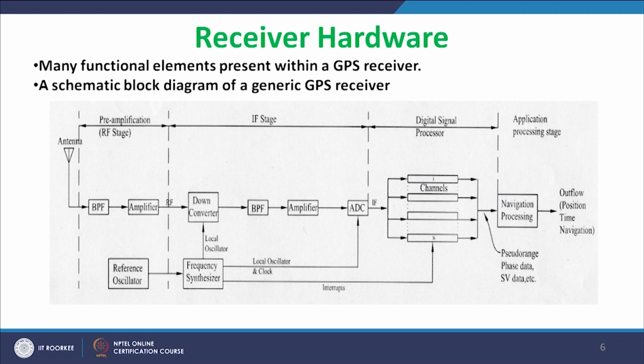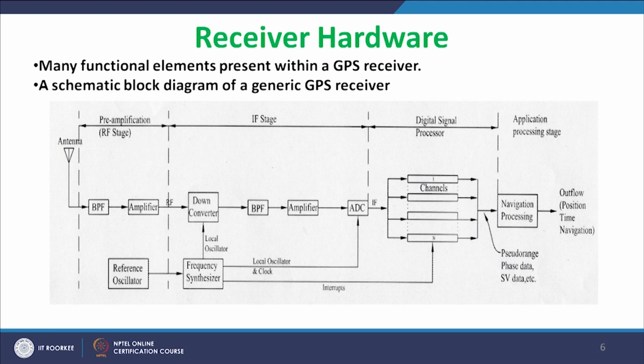In the frequency unit, the receiver provides the reference frequency and time, and it also does some filtering as well as amplification, then converts the analog signal to a digital signal, and the received input signal is also converted to an intermediate frequency signal. That means the signal can be processed through the digital signal processor.